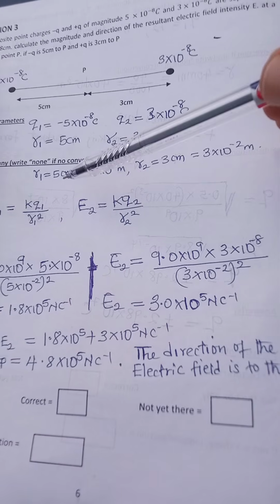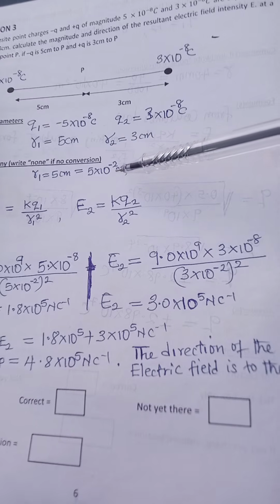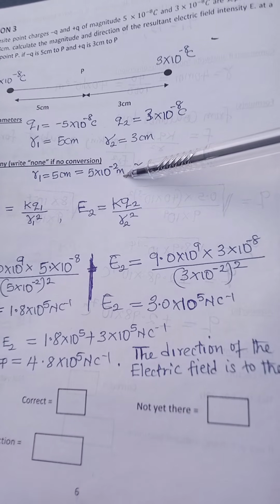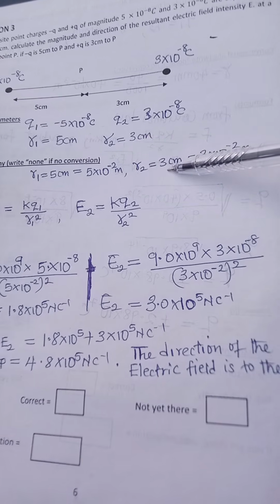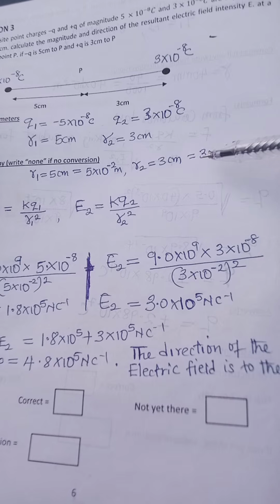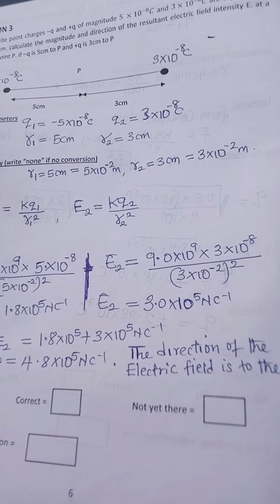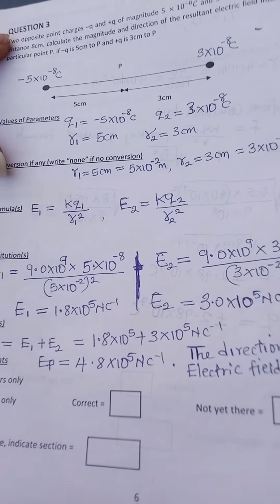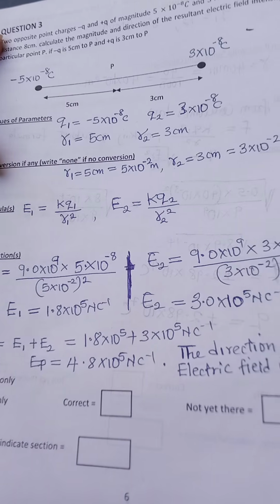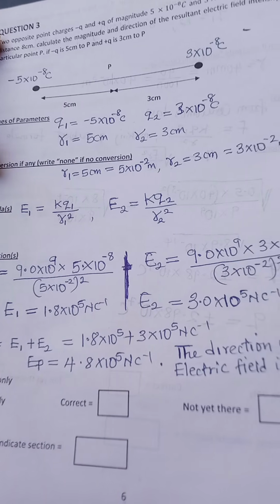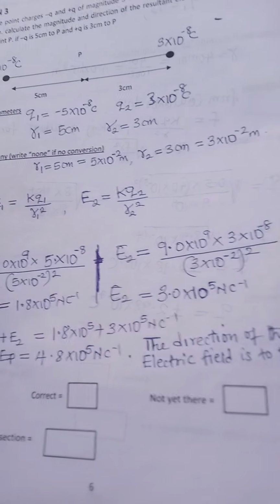So you have that R1 is equal to 5 centimeter. Then when you convert this to meter, this is exactly what you are going to be having. And then R2 is equal to 3 centimeter, which is now equal to this when you convert it to meter. So you have to apply this formula. E1 is equal to KQ1 over R1 squared, for you now to get the final answer.